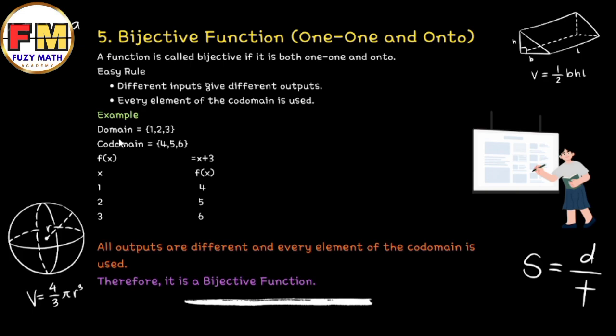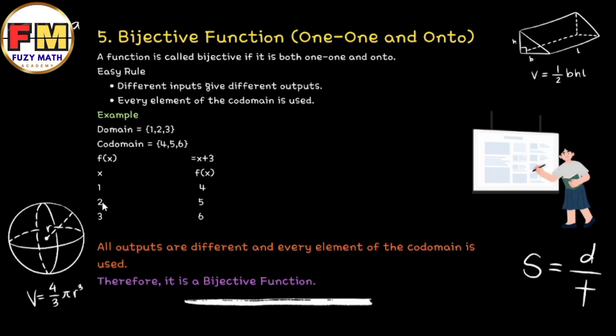Example, domain is the set of elements {1, 2, 3}. Codomain is the set of elements {4, 5, 6}. f(x) is equal to x plus 3. We will make a table for x and f(x). Put the value of x as 1. The value of f(x) will be 4.